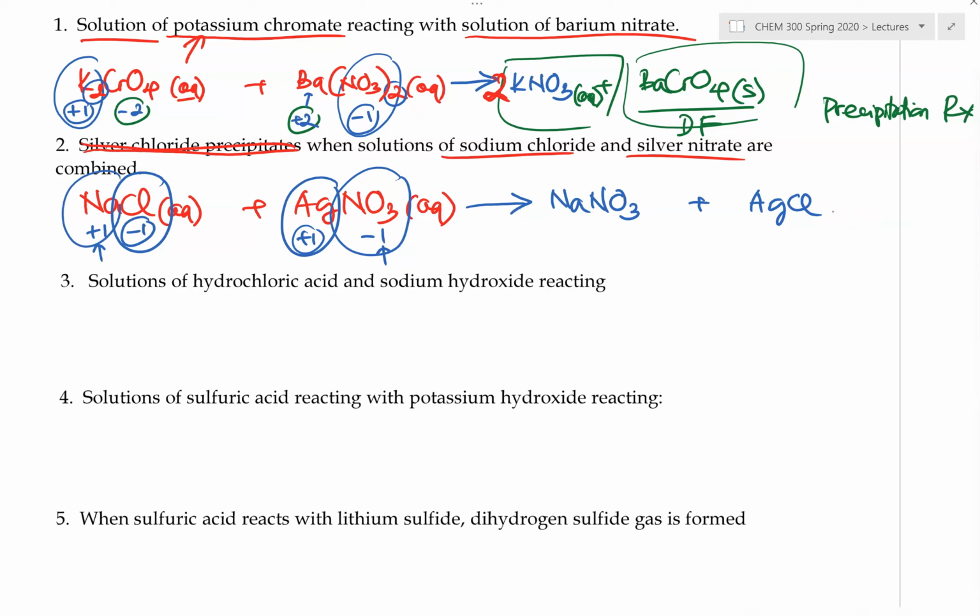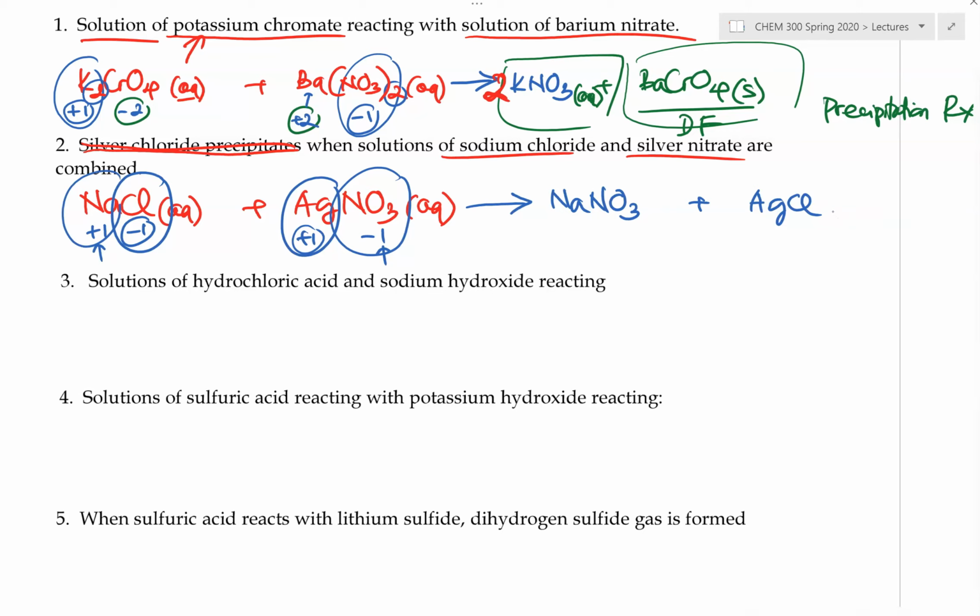But now, will there be a reaction or not? We have to look at both of these products to see if one of them meets one of the driving forces we need. Sodium nitrate is soluble in water, so it is not a precipitate. But AgCl is actually insoluble in water.